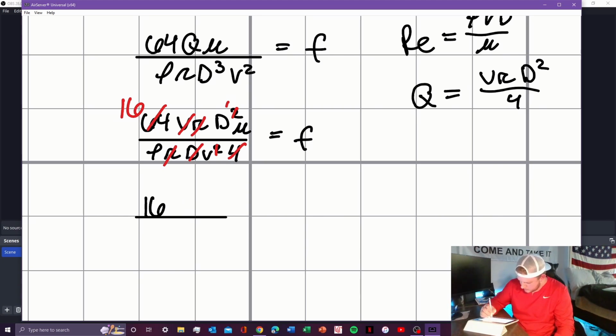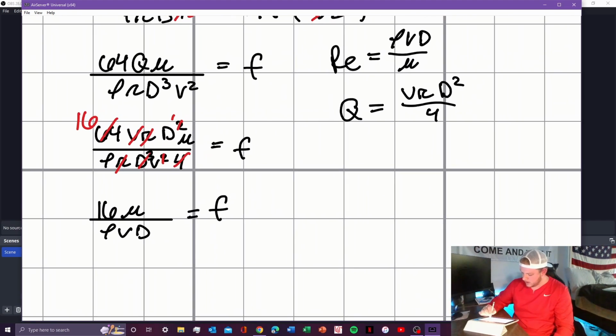This is d cubed down here, so this is going to be d to the 1. So this is 16 mu over rho V d equal to the Fanning factor.